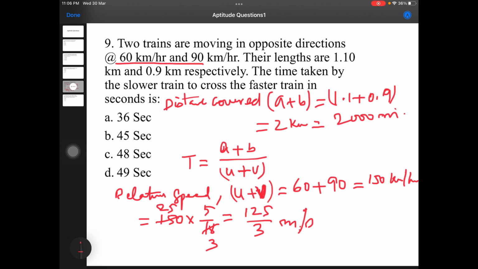Now here is our formula, so we just have to substitute the data which we got into this formula.